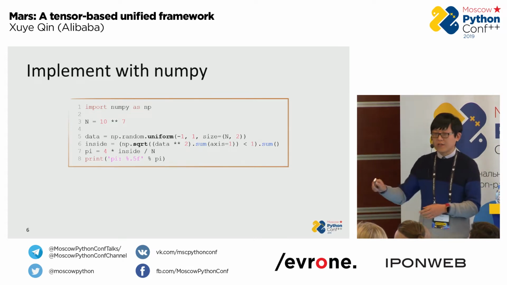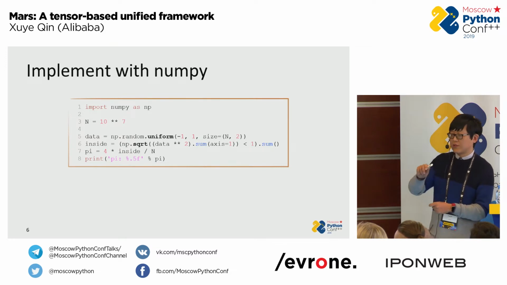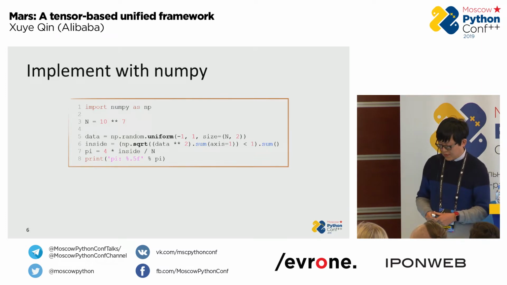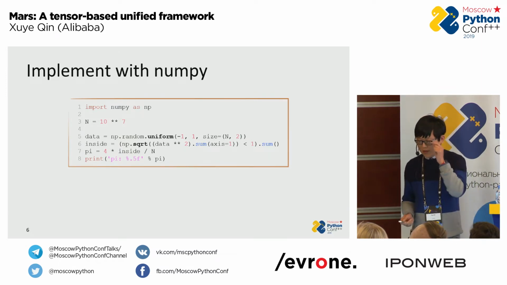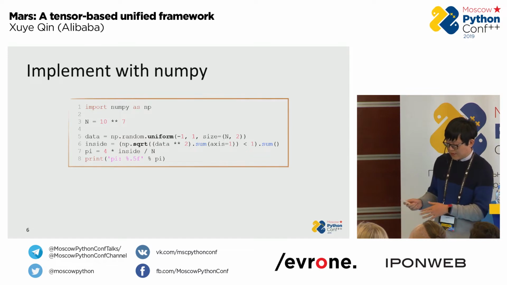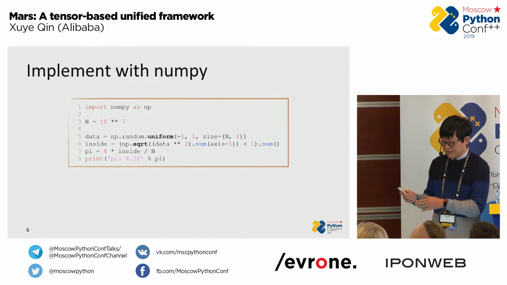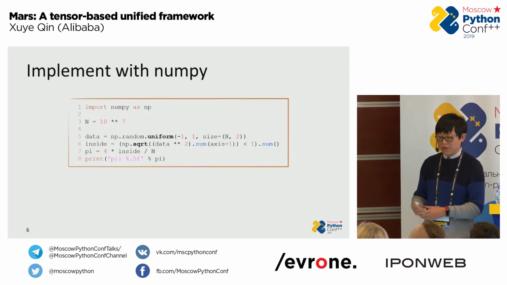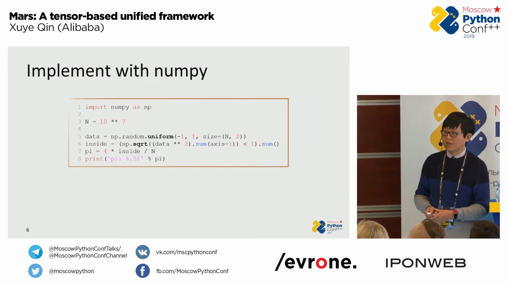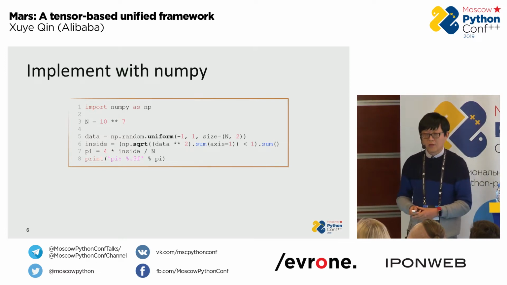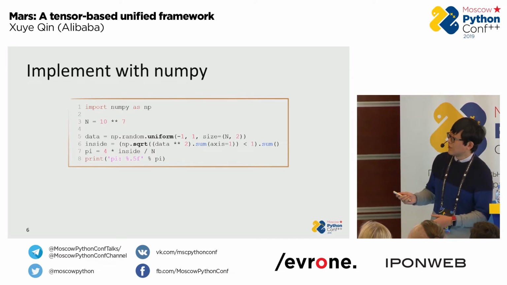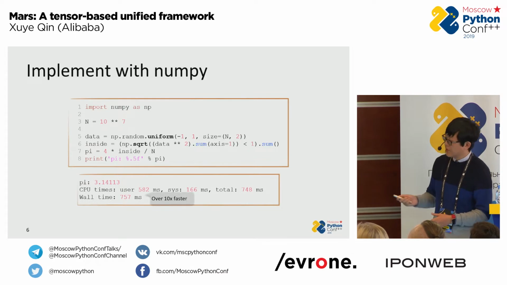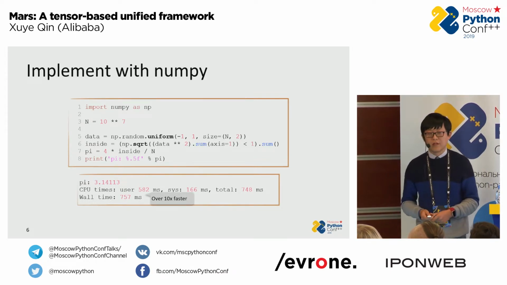Then we sum on axis equals 1, which sums along the row direction. We get a one-dimensional array, take the square root, and check whether each element is less than 1. We sum them up and get the total number of points within the circle. With NumPy, we get an astonishing result: we accelerate the pure Python code by over 10 times.